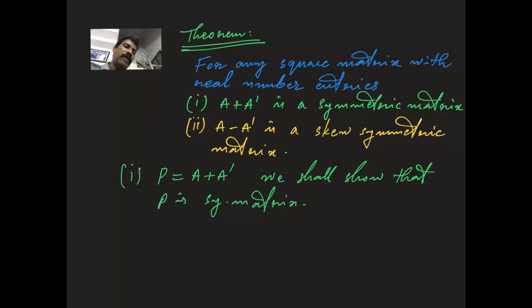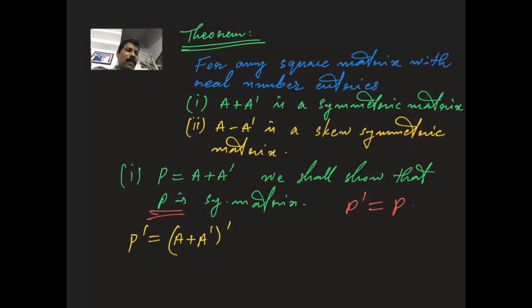And you know that capital P is a symmetric matrix if P dash is equal to P only. So let us consider P dash. So what is P dash? P dash is A plus A dash the whole dash. And we have learned a property of transpose, that is A plus B whole transpose is equal to A transpose plus B transpose. So using this theorem, here we can write A transpose plus A transpose transpose.